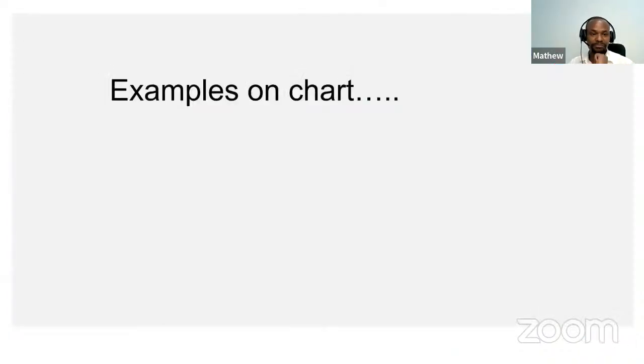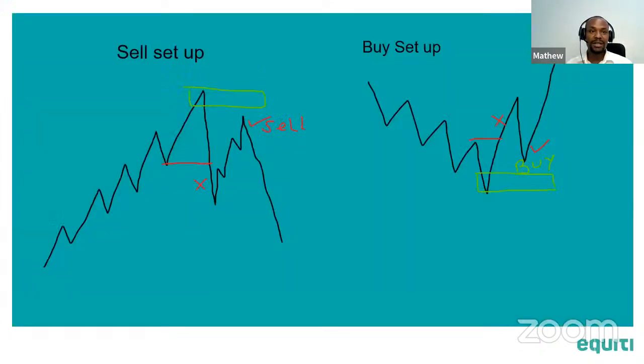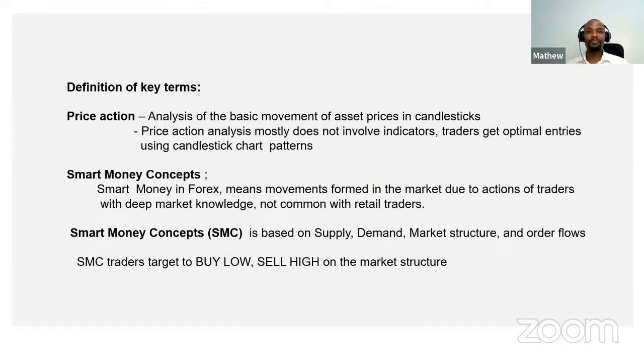So let's look at examples on chart, based on this structure that we have here, specifically on the market structure. Remember, it's very hard to know the actual supply area and the actual demand area, because that's where the big banks and big institutions are entering the market.